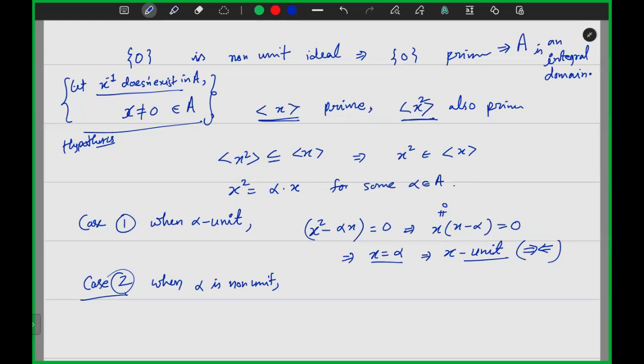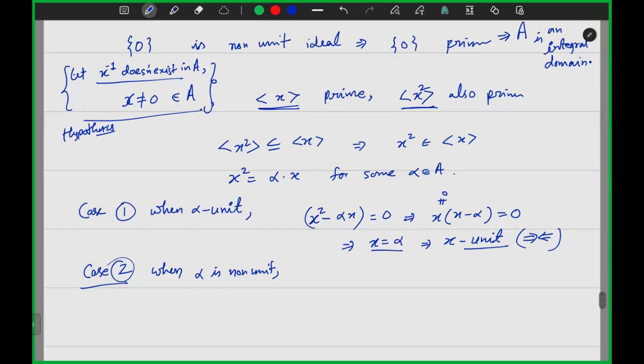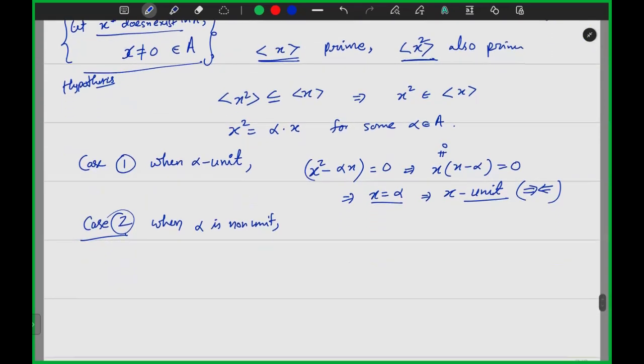Because it is going to be not irreducible, since it has a non-unit divisor. I don't understand clearly. You can explain once more if you wish.